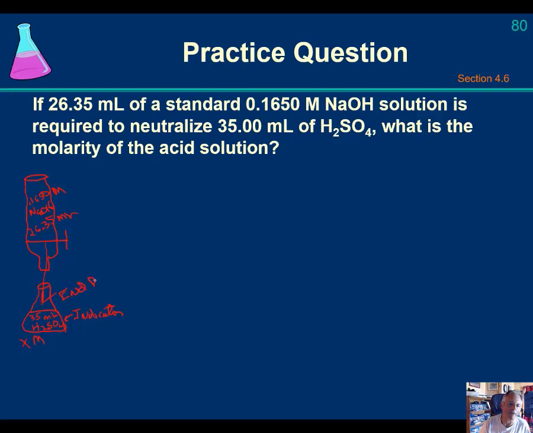And you remember that the end point is a color change, and it is approximating the equivalence point.